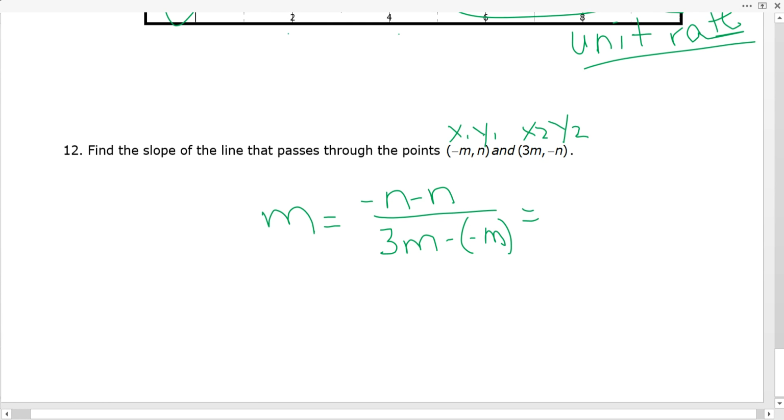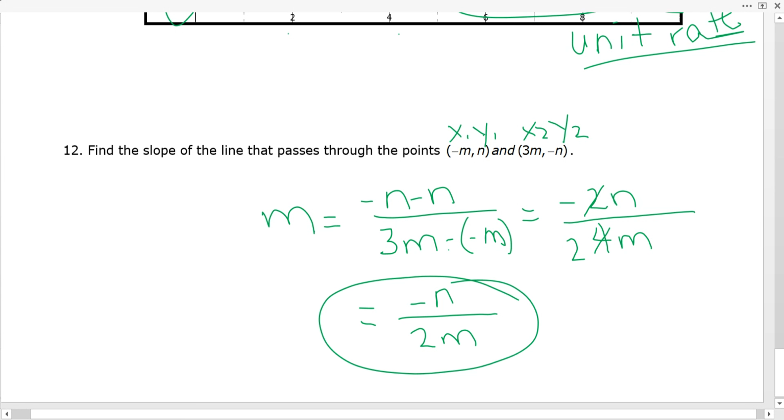So negative n and negative n makes negative 2n, and 3m plus m ends up being 4m. I can divide by 2, and I end up with negative n over 2m. So that's my slope.